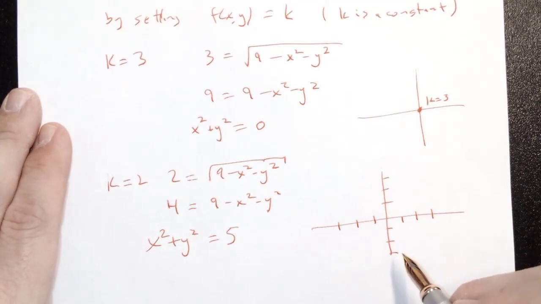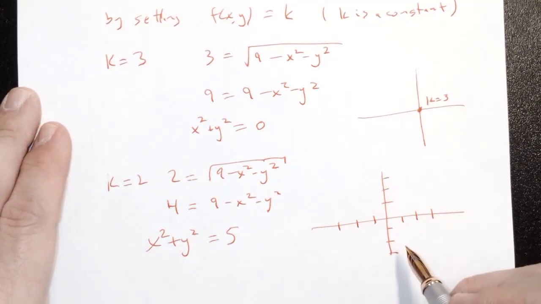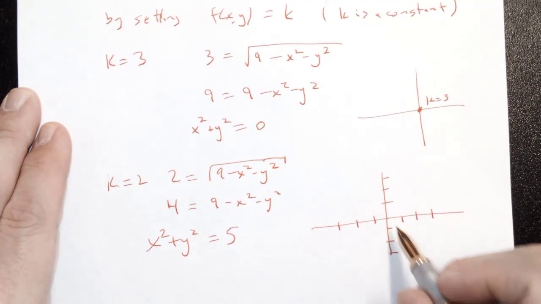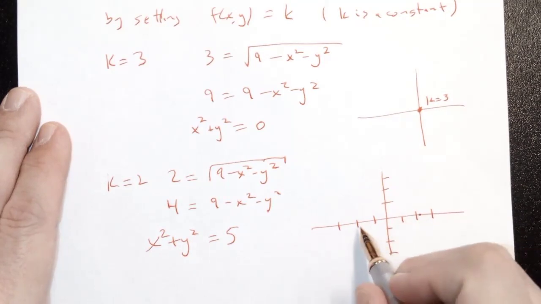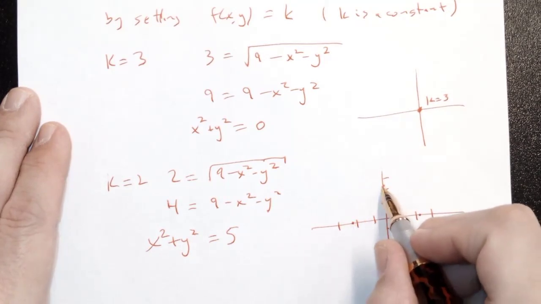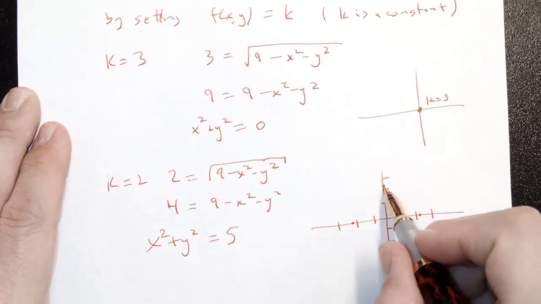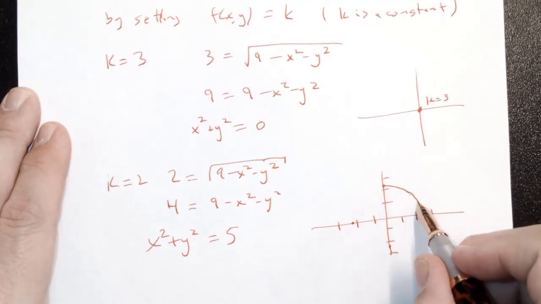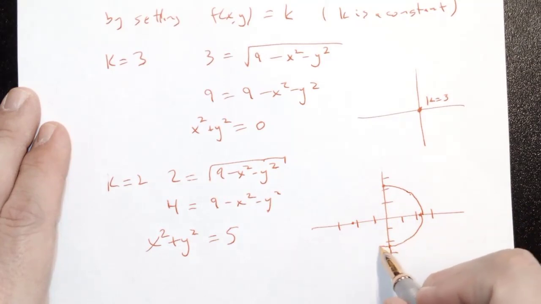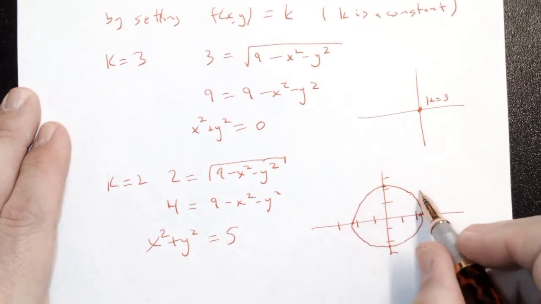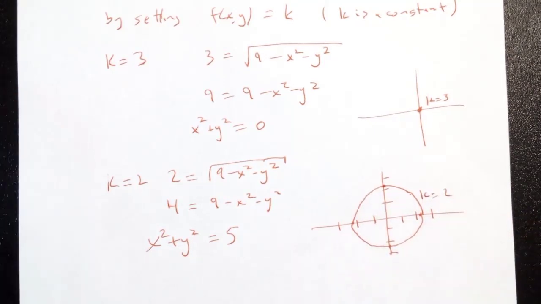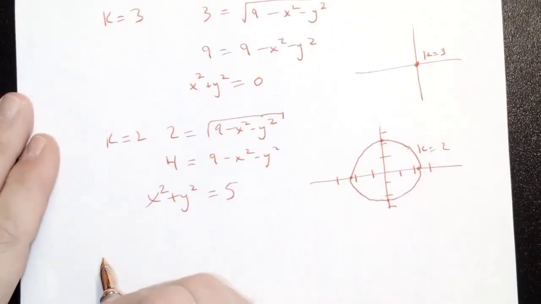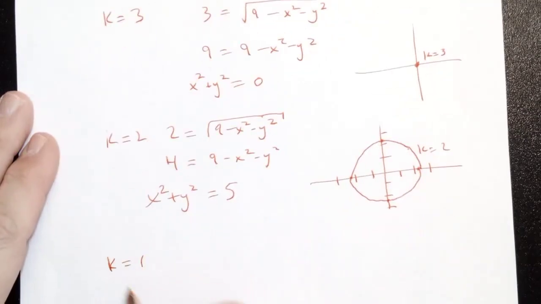Square root of 5 is 2.24-ish, I think. So there, square root of 5. So we come down 1 unit, we go from a dot to this circle. If we keep going down, right, k equals 1, we'll get a bigger circle.